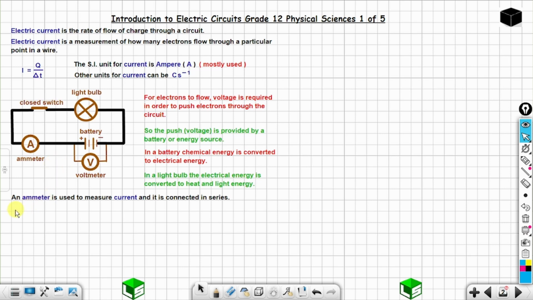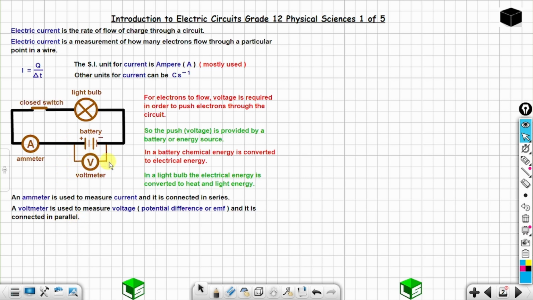A voltmeter is used to measure voltage. Potential difference or EMF are known as voltage. A voltmeter is connected in parallel.